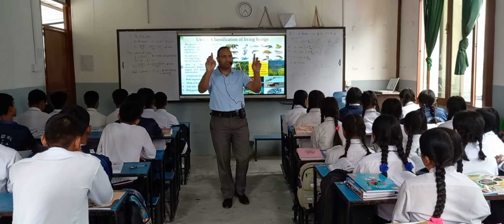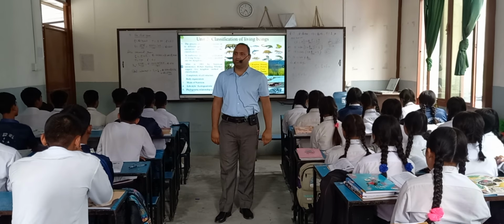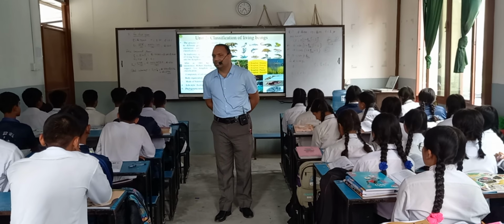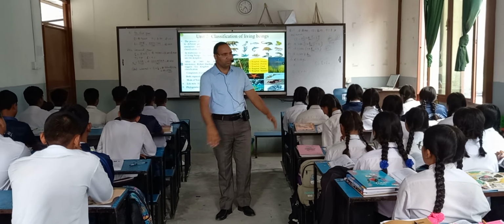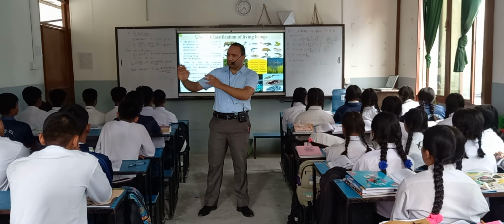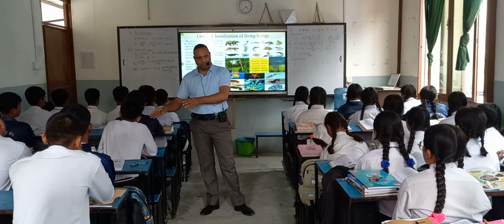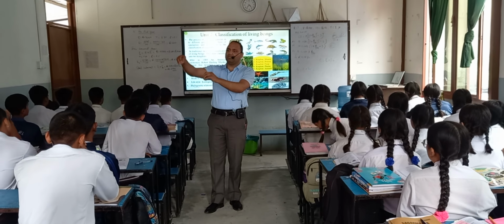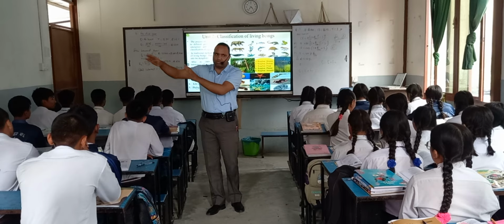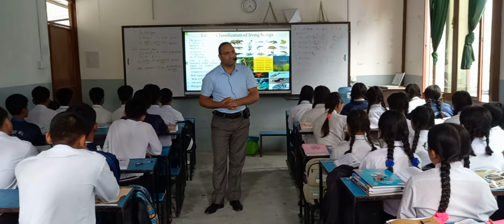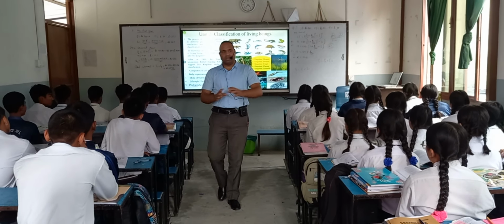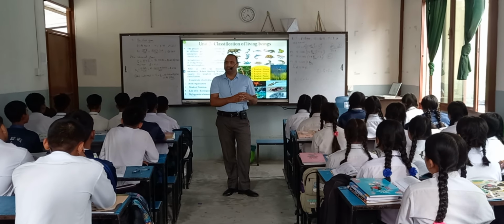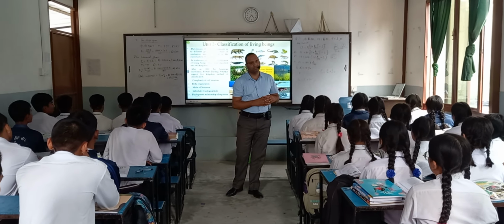There were only two kingdoms proposed by Linnaeus: one is animals and the other is plants. The organisms which make their food by themselves are placed within the kingdom Plantae, and organisms that totally depend upon other organisms are kept in the animal kingdom.